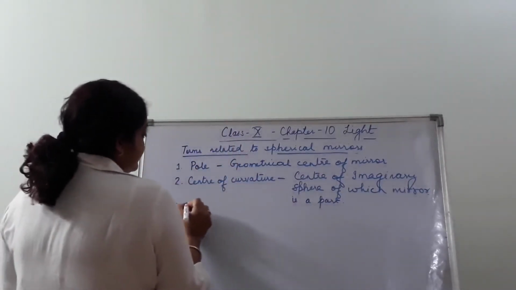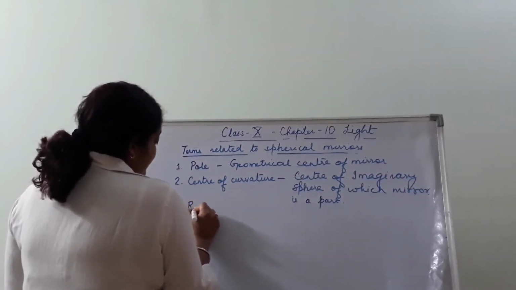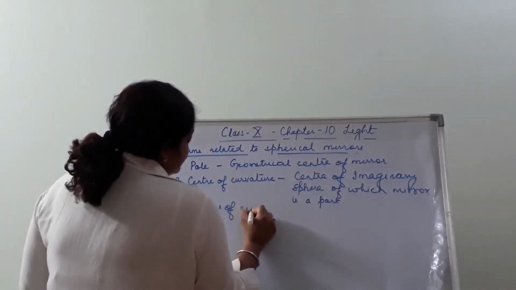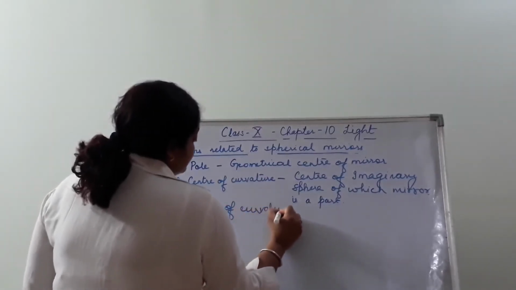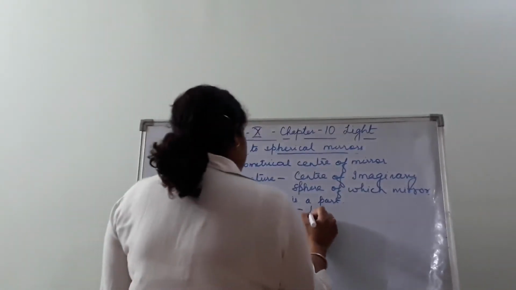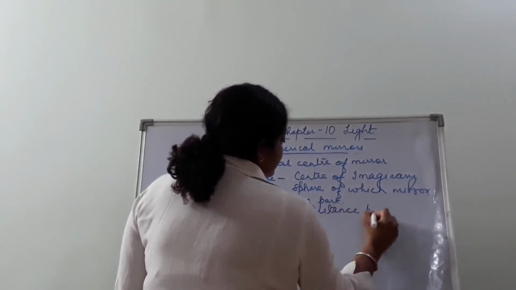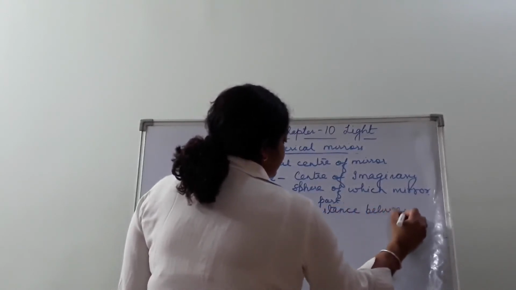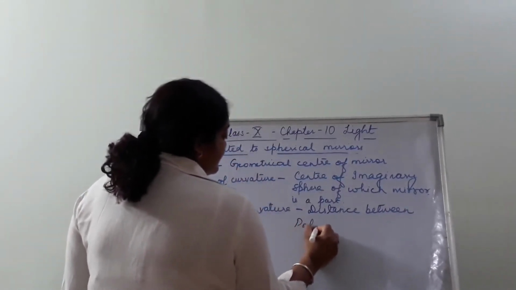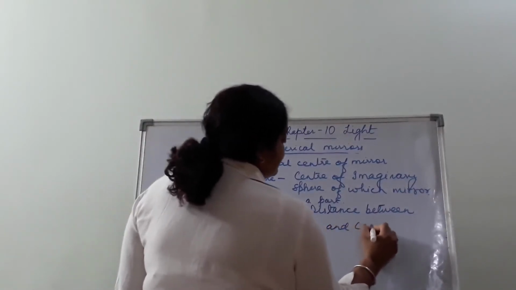Then radius of curvature. What is radius of curvature? It is the distance between pole and center of curvature.